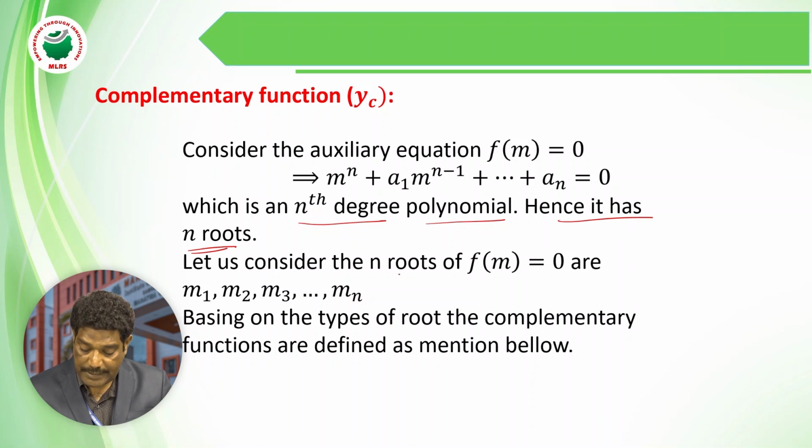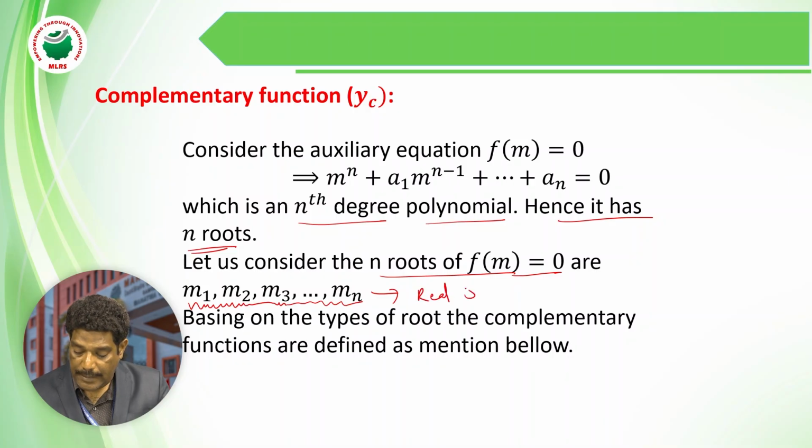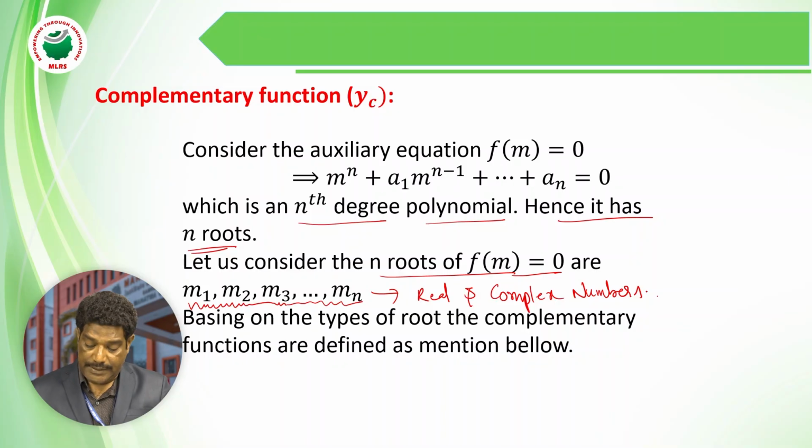Now let us consider that the n roots of the equation f of m equals 0 are m1, m2, m3, and so on, up to mn. These roots may be real numbers or may be complex numbers.